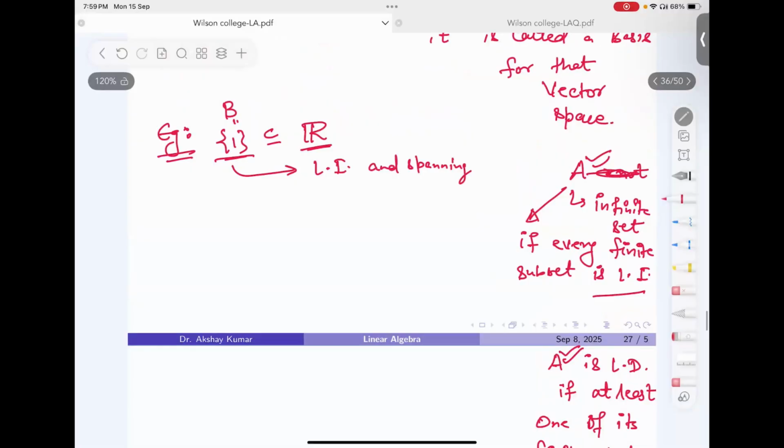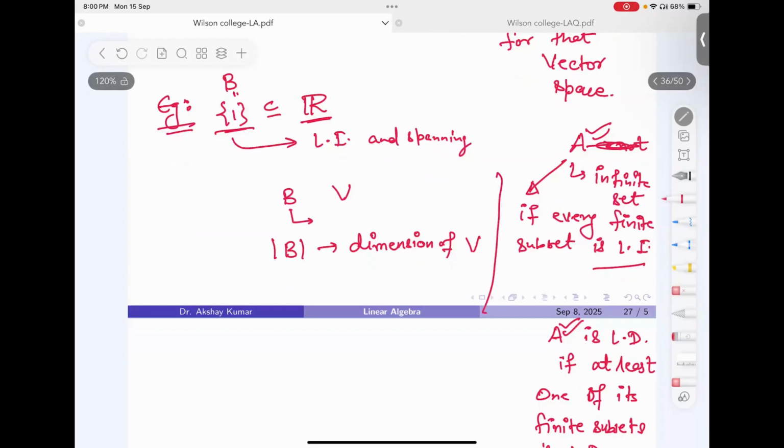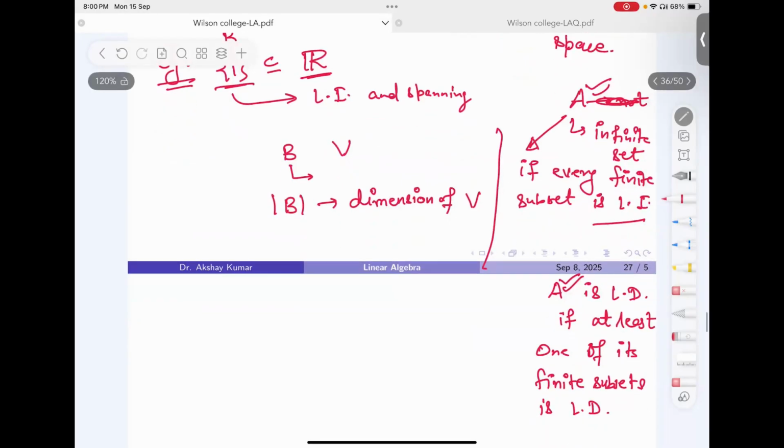Okay, and suppose V is a vector space and B is a spanning set and linearly independent, then it is called a basis, and the cardinality of B is called the dimension of V. If B is finite, then V is called finite dimensional.